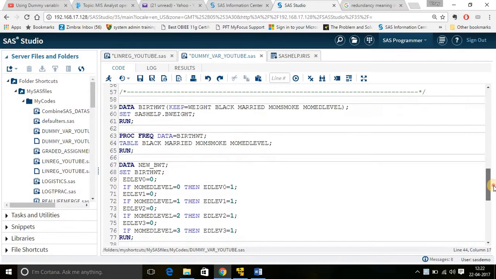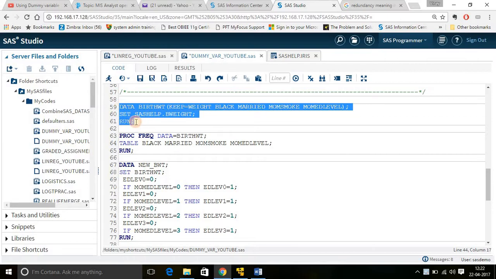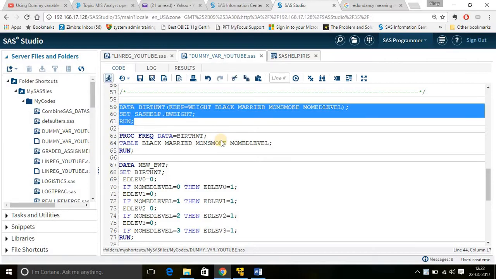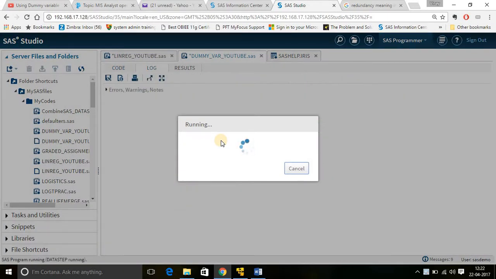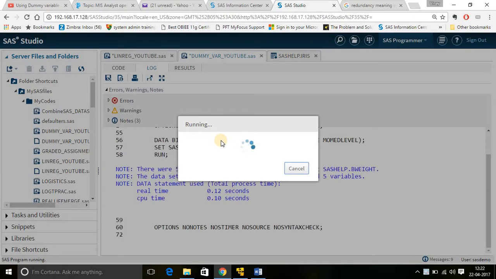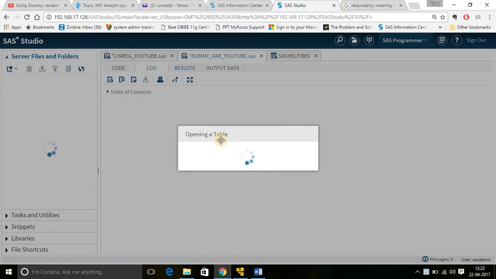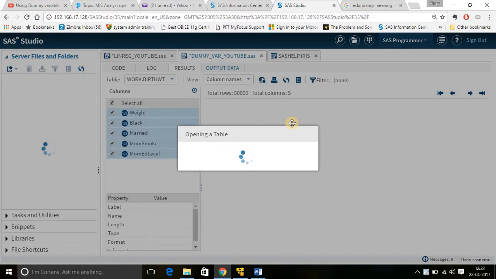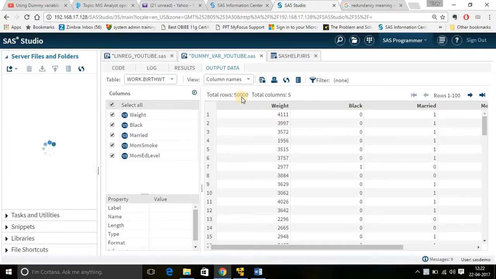Now we'll take a look at a data set about birth weight and see how we can use it in regression. So let's say this is the data set and we have 4 different variables, and we have 50,000 observations.